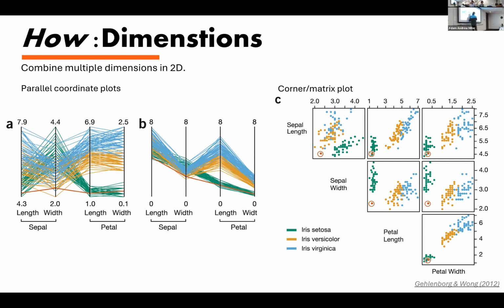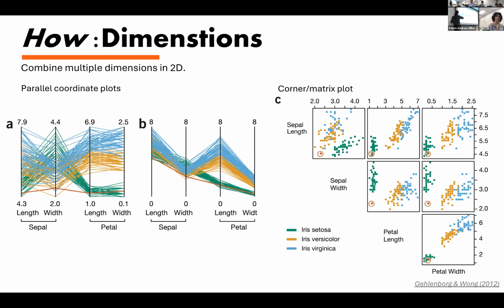So, right, there's different species, and you have many different attributes, and you want to see how do they all relate to each other, right? So in this case, using color to describe the species, and then plotting each of the different attributes against each other in this kind of matrix plot. And in this case, there's one kind of outlier that they're highlighting.